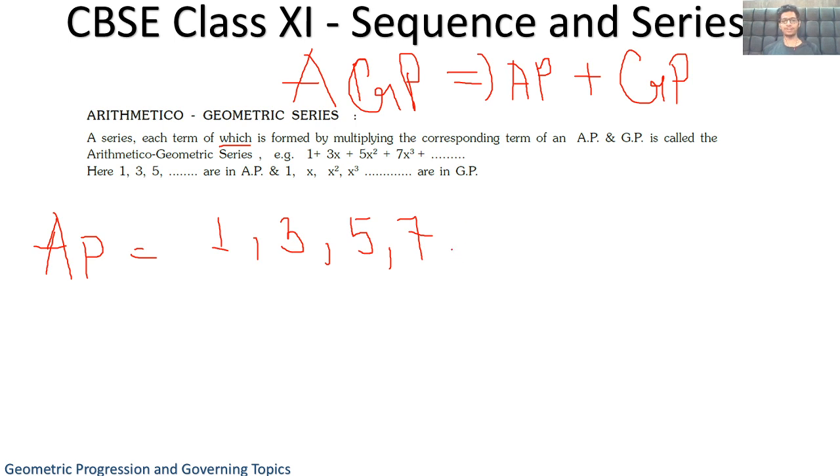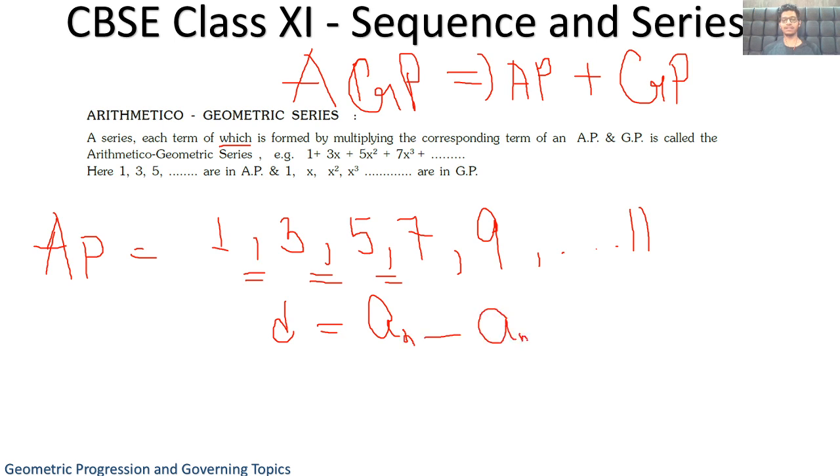So let's say 1, 3, 5, 7, 9. So tell me what should be the next term? Well, the next term is going to be 11, and how we reach there is, when we say it's an AP, that means we have a common difference, and a common difference is nothing but the succeeding term, that is an, minus the preceding term.